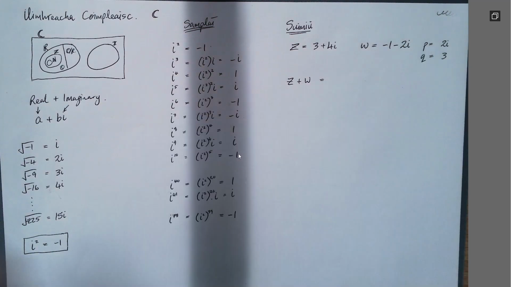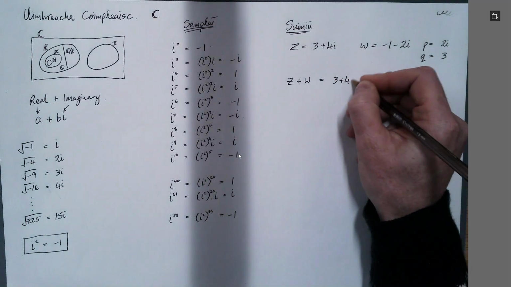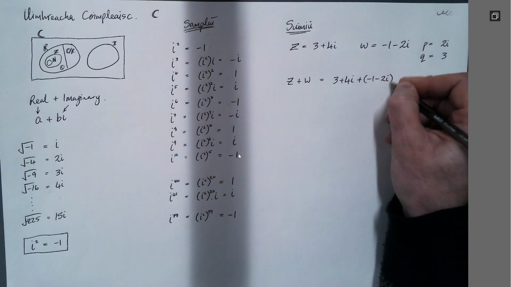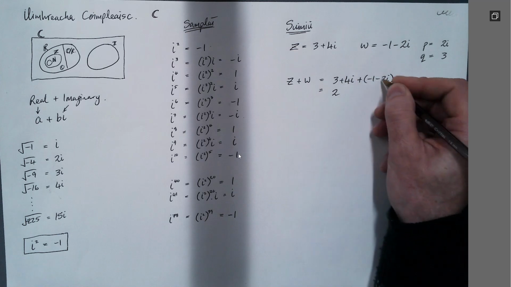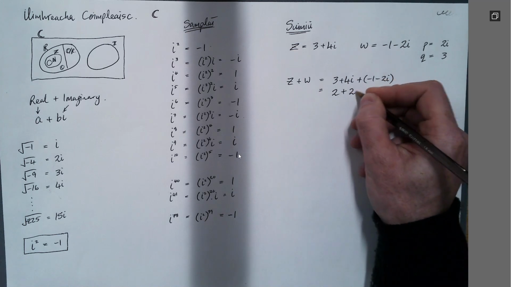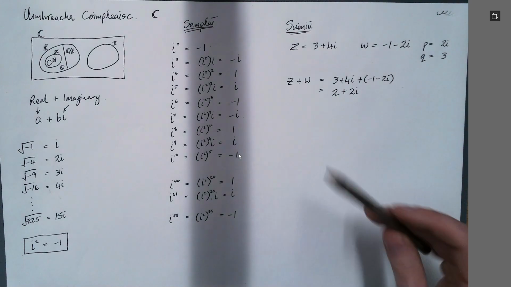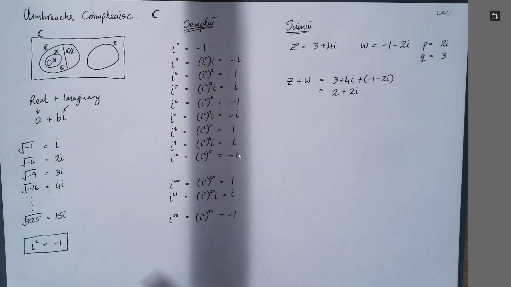So to 3 plus 4i plus 1 plus 2i, you add the real parts, 3 plus 1, and the imaginary parts, 4i plus 2i. So z plus w, okay, it's very straightforward. So the sum of complex numbers, the reals and the imaginaries. Okay.